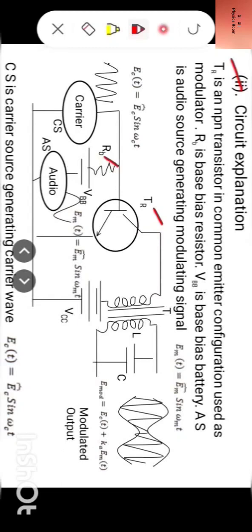RB is base bias resistor, VBB is base bias battery, AS is audio source generating modulating signal, EMT is equal to EM max sin omega MT. CS is carrier source generating carrier wave, ECT is equal to EC max sin omega CT.